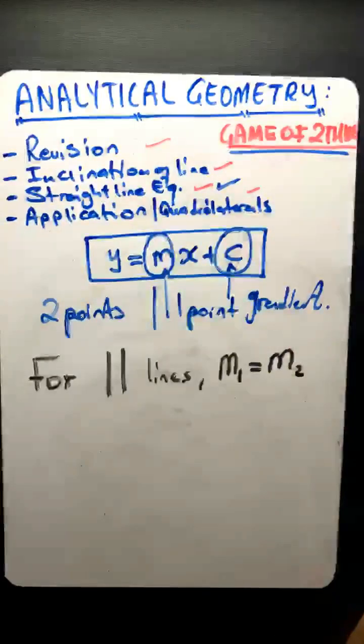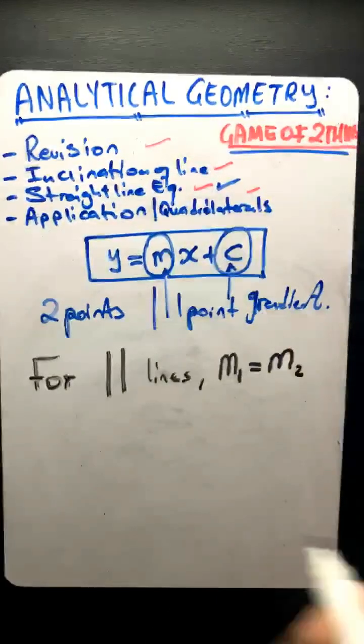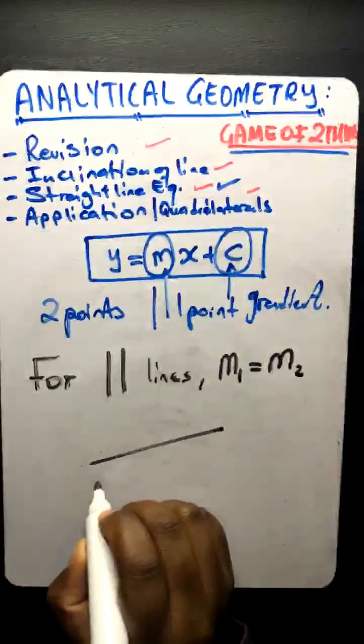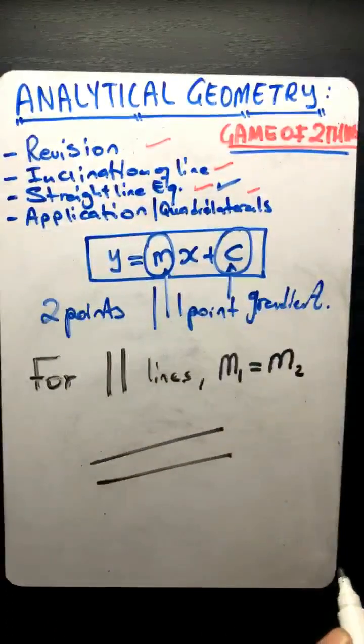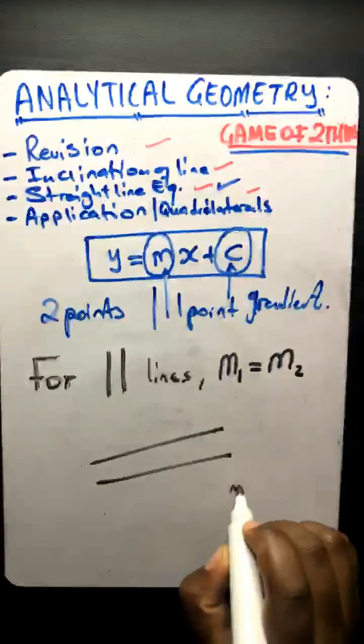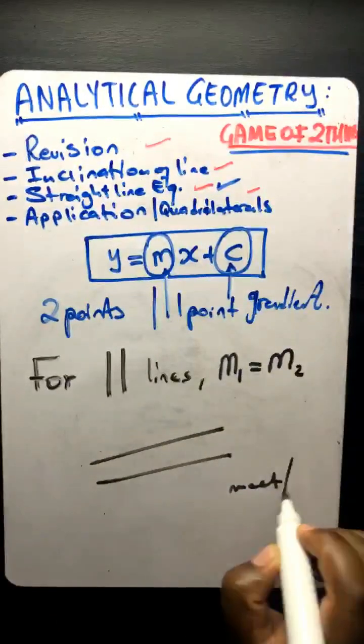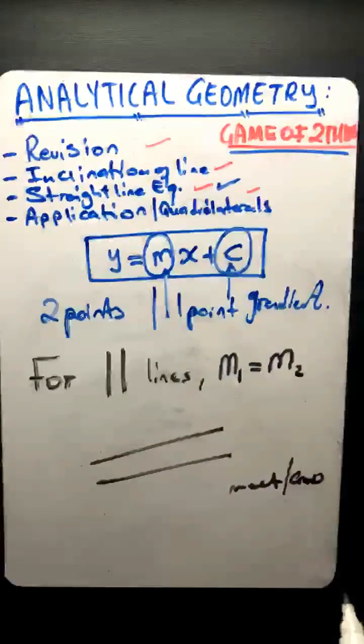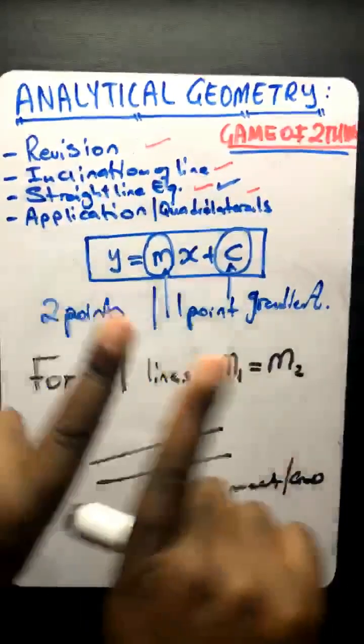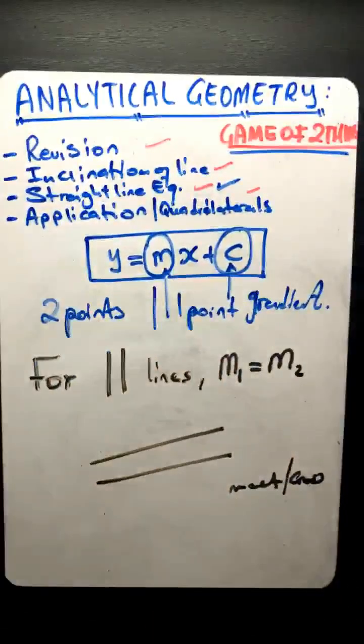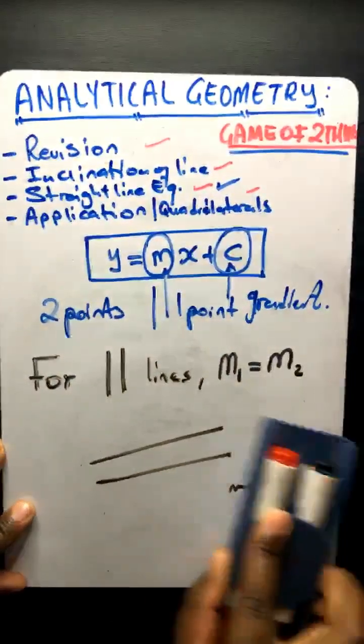Remember, M refers to the gradient. So they're saying for lines which are parallel, remember, parallel lines will never meet or cross.